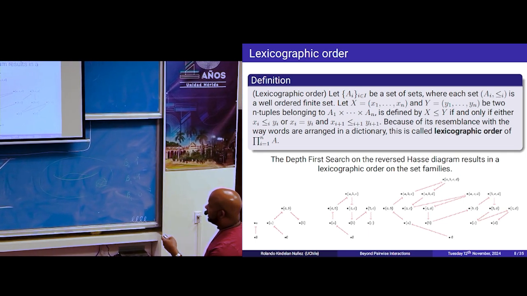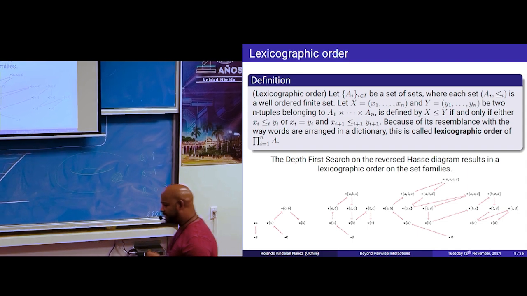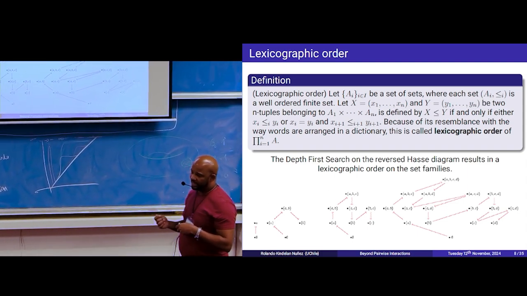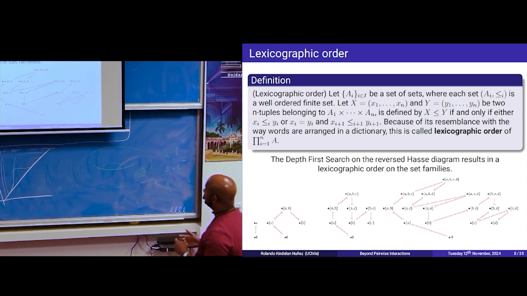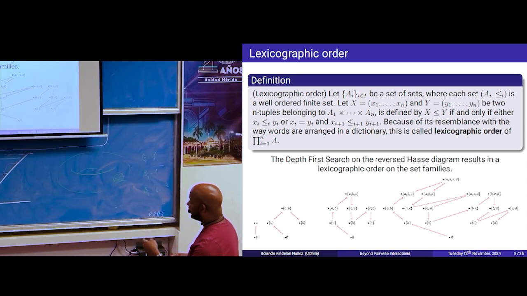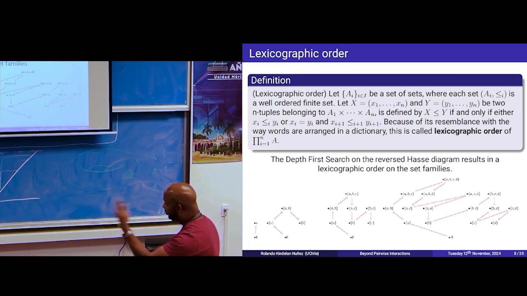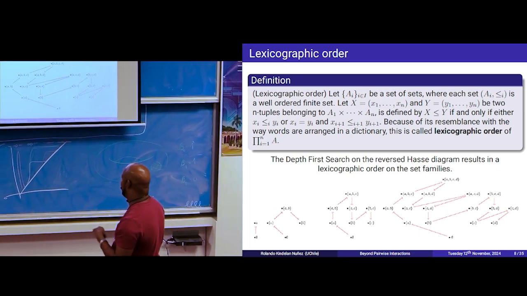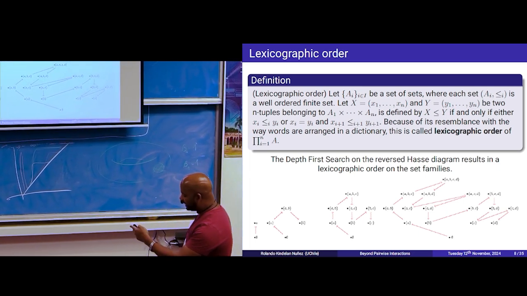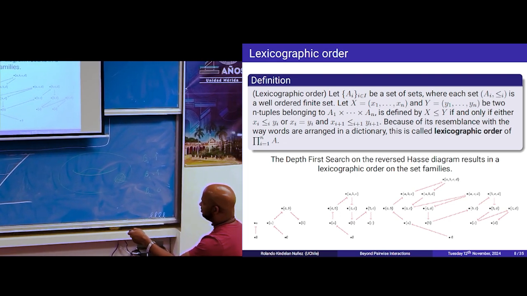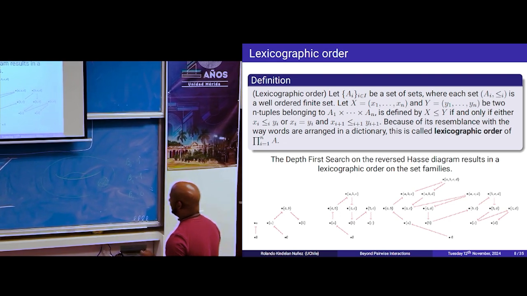This ordering basically compares elements one by one until one of them is lower than the other. Yeah, and then if we represent that kind of order in the previous, in the reflected Hasse graph, we will get something like this. Yeah, for each of the families in the previous images.